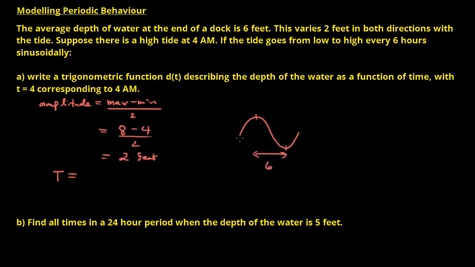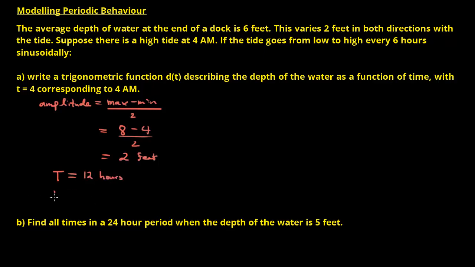Remember that a sinusoid is broken up into quarters. So if this distance is 6 hours, then this distance has to be 3 hours, and this has to be 3 hours as well. That means a complete cycle is 12 hours, and thus the period is 12 hours.